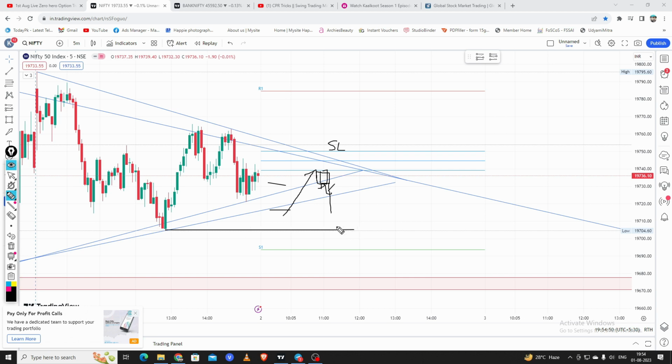In any case, if the previous low is broken and if the S1 is broken, you can just quickly scalp until this level, which is 19680. This is the virgin CPR before, and from here the market went upside. So you can exit here.